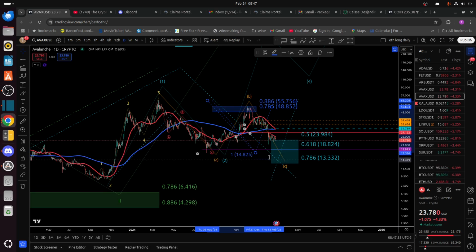So these two now are pretty much the levels that I'm looking forward to: 14.82, 14.83, or 13.33.